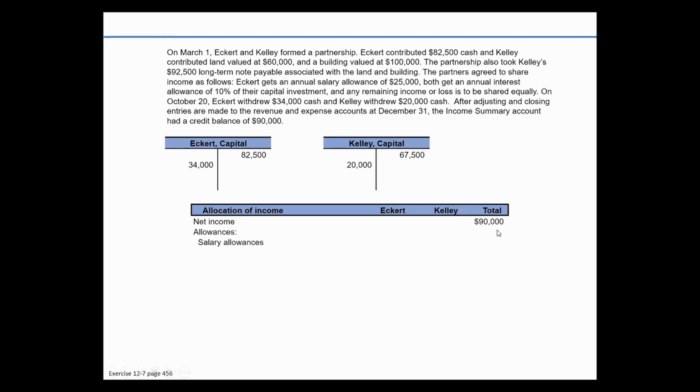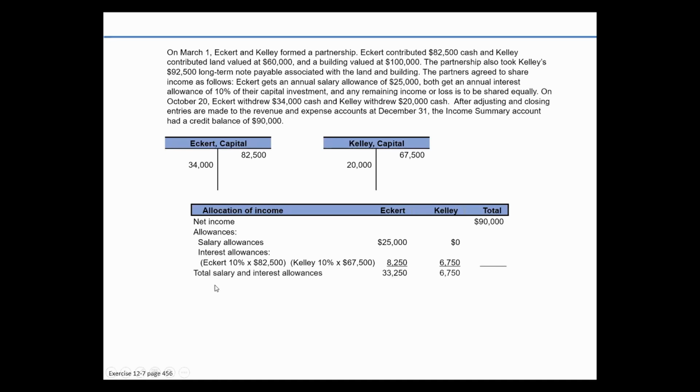So we have total net income of $90,000. We said that Eckerd was going to get a salary of $25,000. Kelly, she doesn't. And then the interest allowance based on their initial investment. So 10% of $82,500 is $8,250, and then 10% of $67,500 is $6,750.